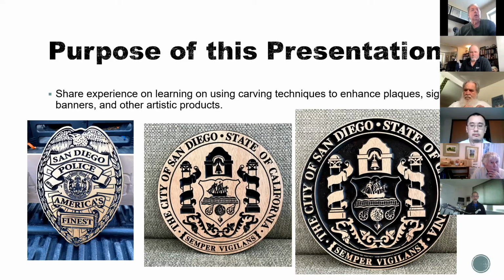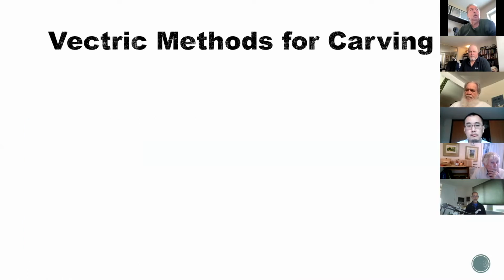Whereas on the right side, the text is raised along with the designs, and the background is pocketed and carved in. Both have different uses, and people have different preferences on what they're looking at. So let me talk a little bit about how you get each of those.